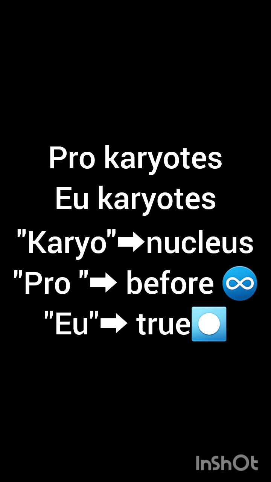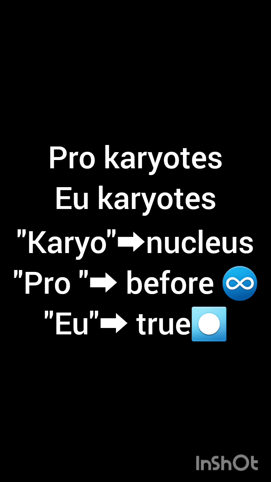Another point that will make you remember easily the difference between them is the word itself, prokaryotes and eukaryotes. Karyo refers to nucleus, pro refers to before, and eu refers to true. So prokaryotes, before nucleus. As you see here, it's like a loop of DNA.